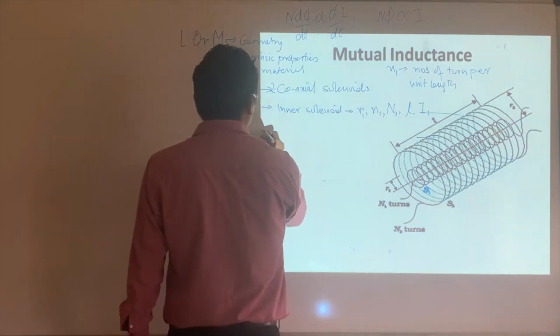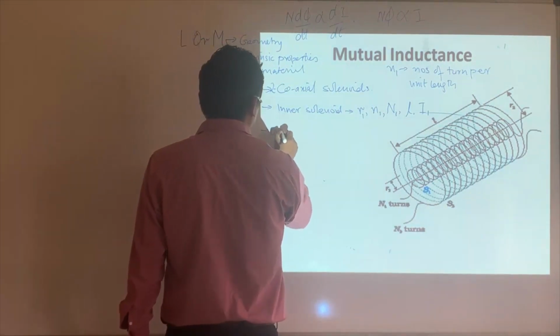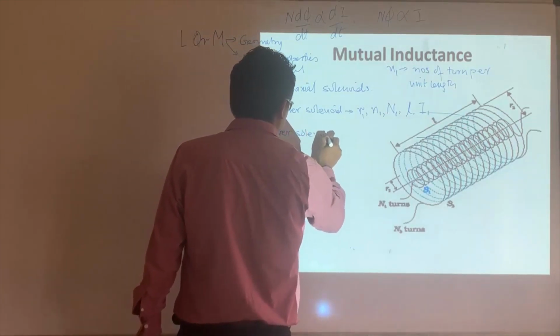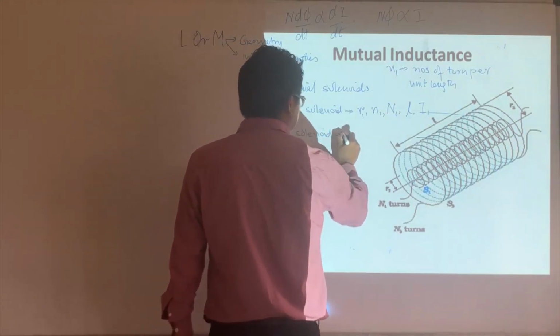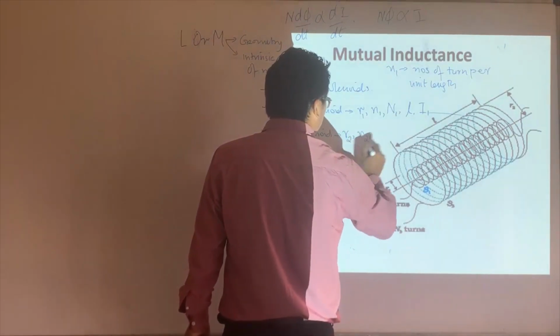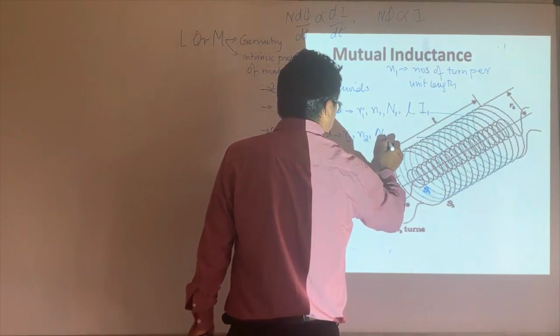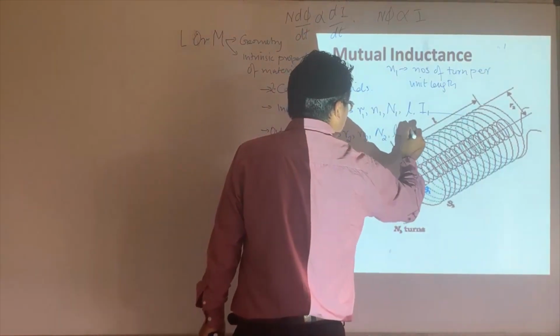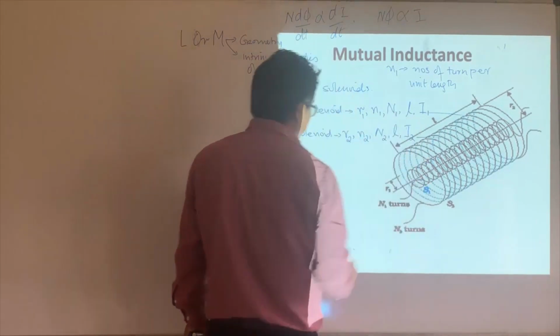And now I have the outer solenoid, which has radius R2, number of turns per unit length N2, L is the length, the same length, and I2 is the current.